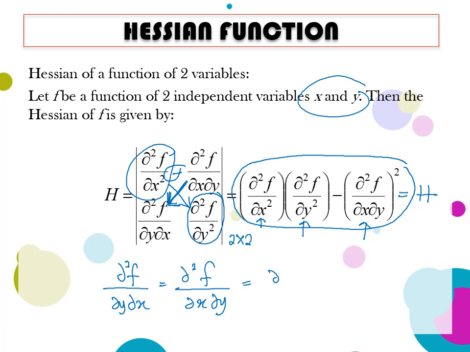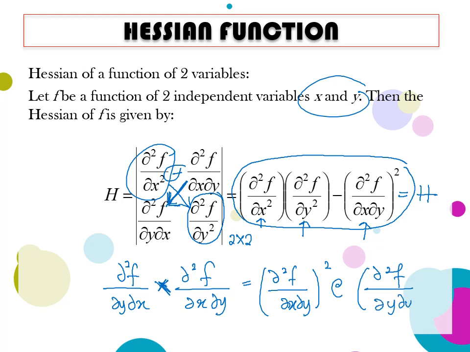Thus, this is equal to that, or if you multiply these two, that will be equal to that. So in this case we just define it as del x del y squared. Thus, you'll be using this to find the Hessian.